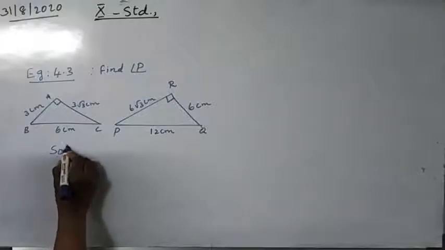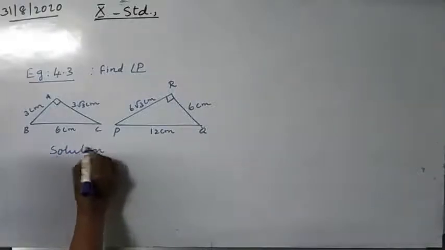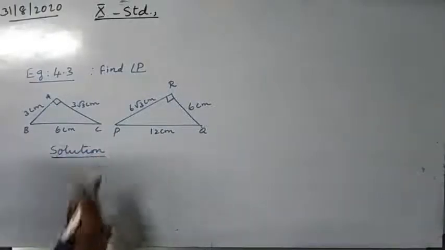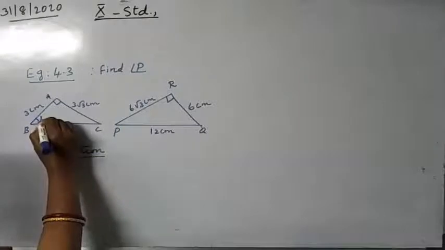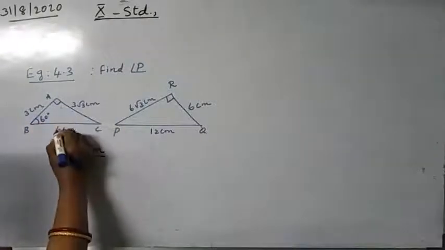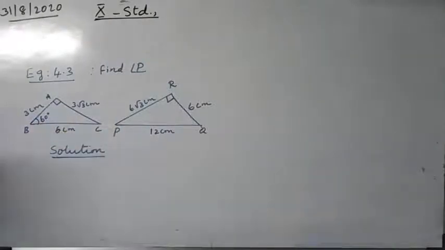Now take the solution. At first we want to check whether these two triangles are similar or not. And one more thing, angle B is 60 degrees. So in which similarity criterion does it fall? Now we want to check.